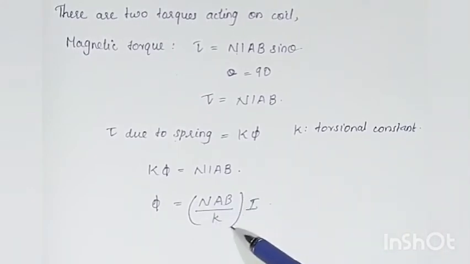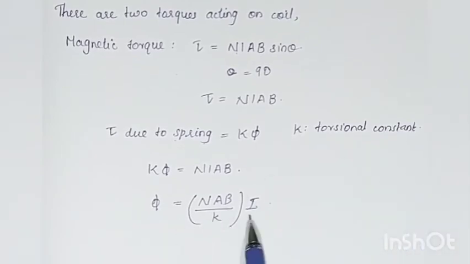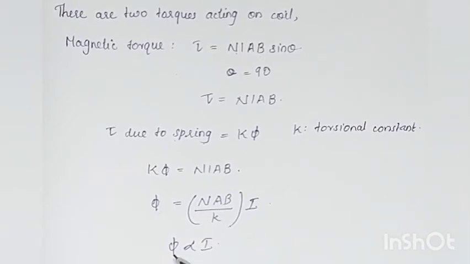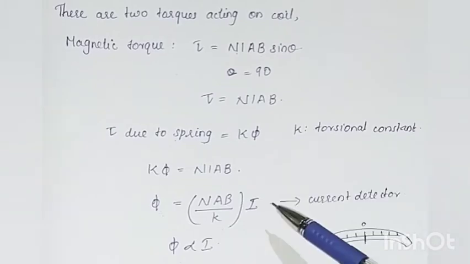So these constant terms are kept in a bracket, and from this we can see that the scale deflection phi depends on current only. So the deflection phi shown in the galvanometer is based on the current flowing through the coil. So the presence of current in the coil shows a deflection in the galvanometer. Thus here the galvanometer acts as a current detector.